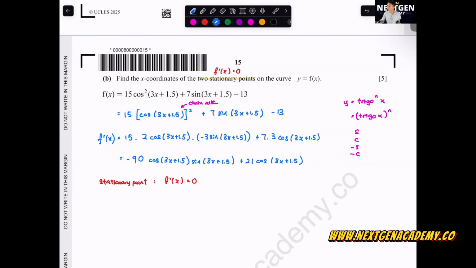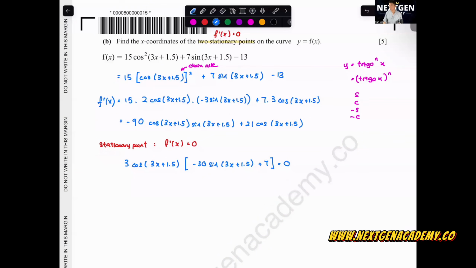This will be 3 cos of 3x plus 1.5 times minus 30 sine of 3x plus 1.5 plus 7 equals to 0. Okay, now this is correct. Let's solve for both of these sides.